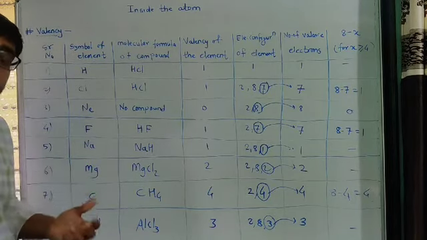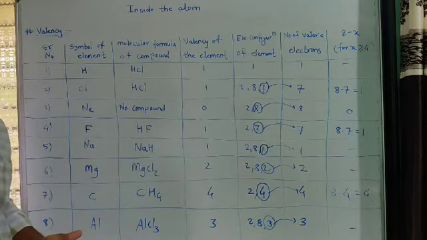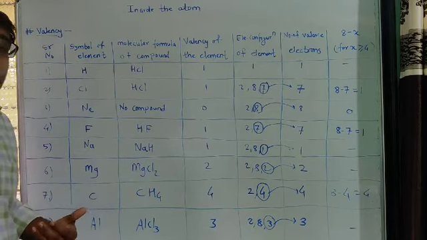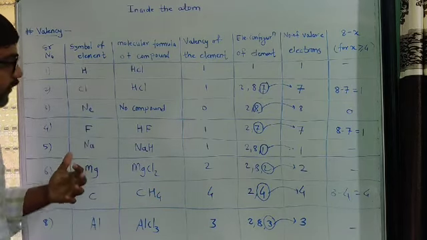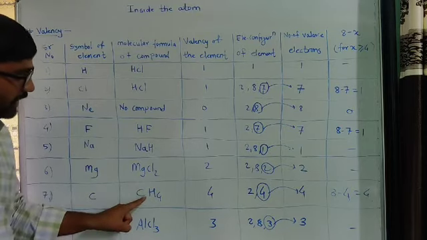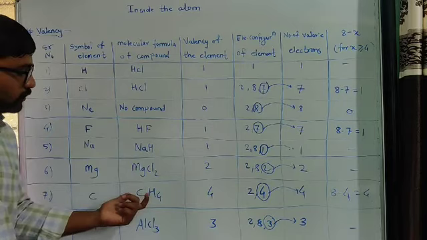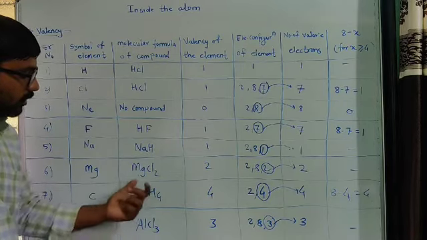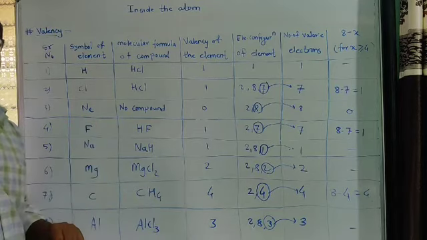Valency is a number that tells us how many chemical bonds that element can form. Look here, carbon has a valency of 4, hydrogen has a valency of 1. So to complete its octet, carbon needs 4 more electrons.